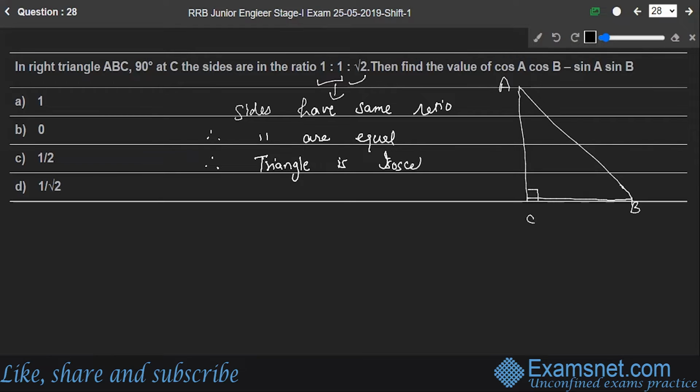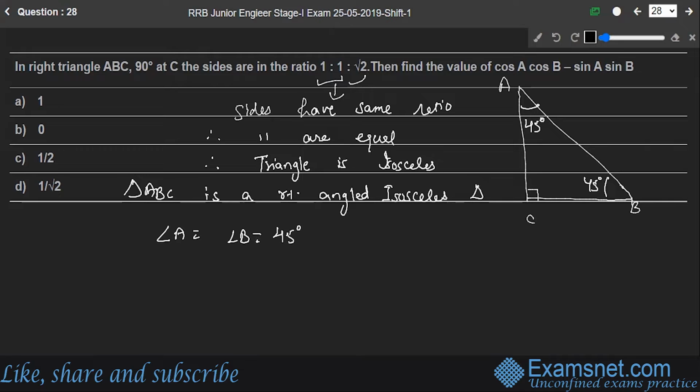And if a right angle triangle is isosceles, then this angle is equal to 45. This angle is equal to 45. Triangle ABC is a right angled isosceles triangle, right? So that means angle A is equal to angle B is equal to 45 degree.